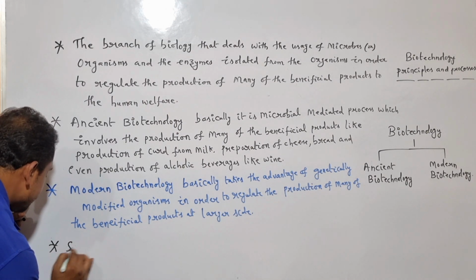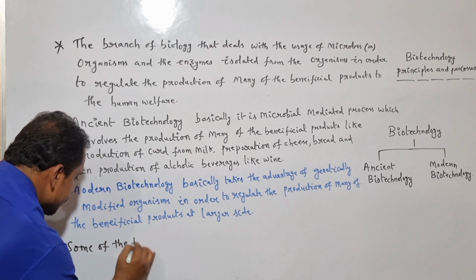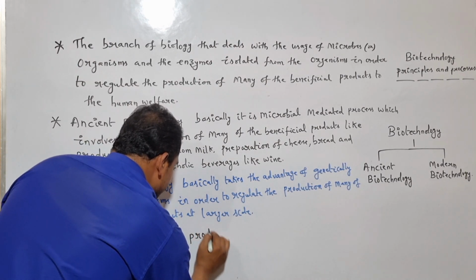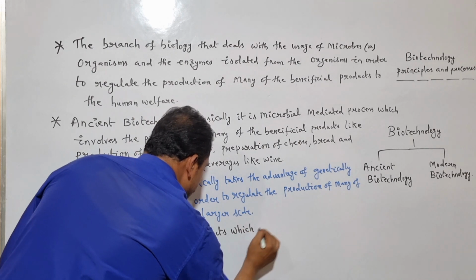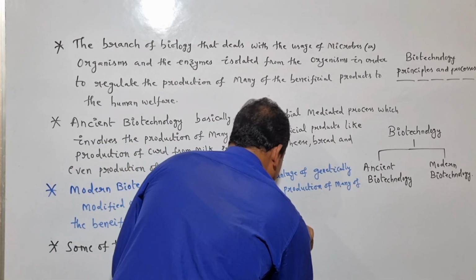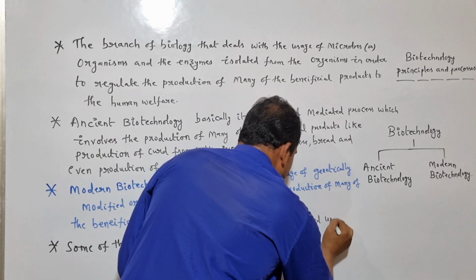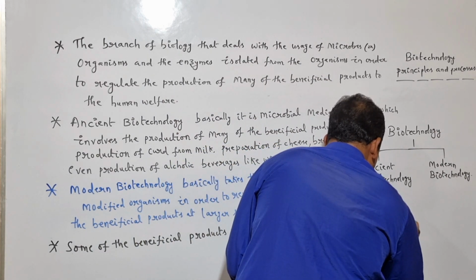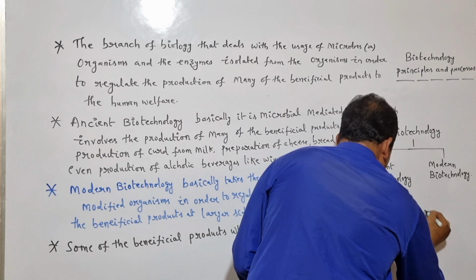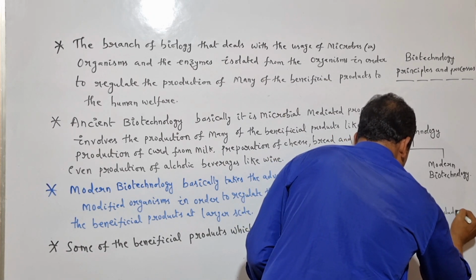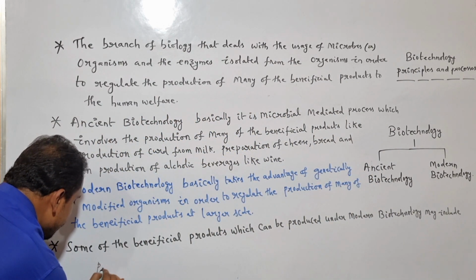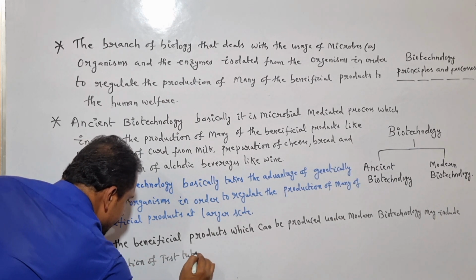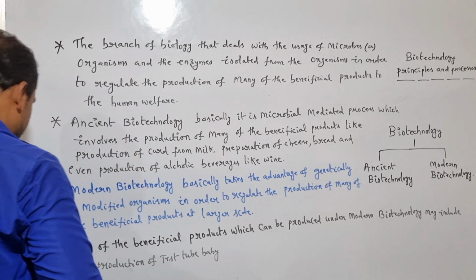Some of the beneficial products which can be produced under modern biotechnology may include production of test tube baby by the means of in vitro fertilization.